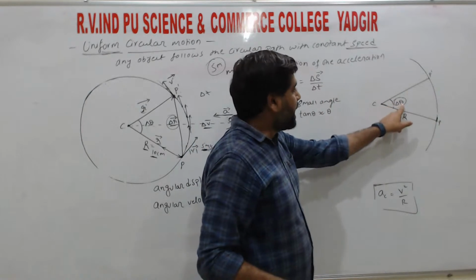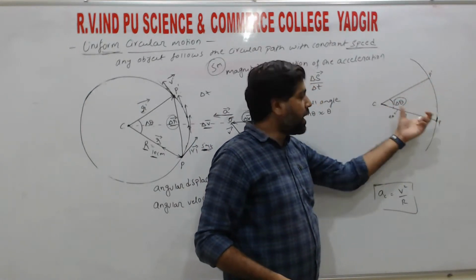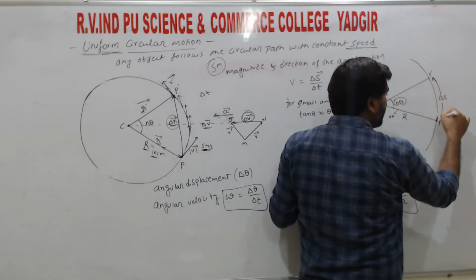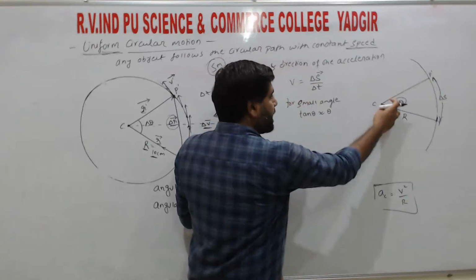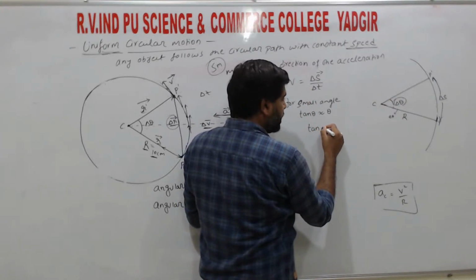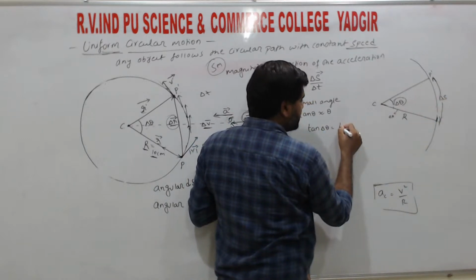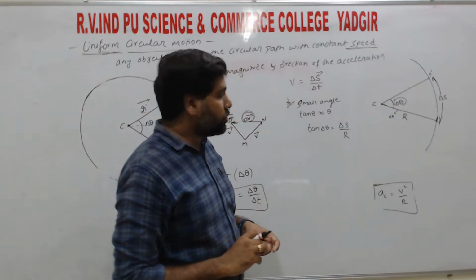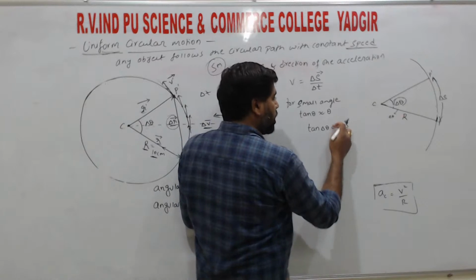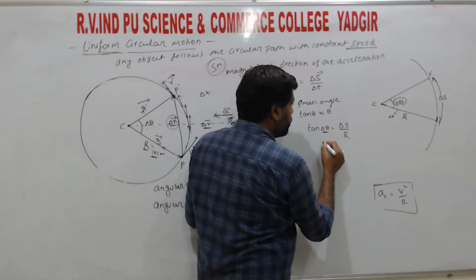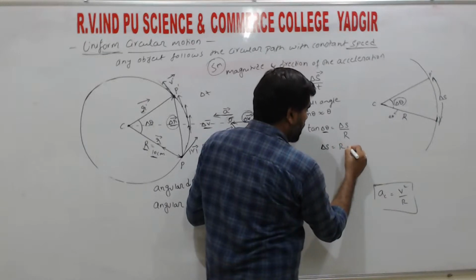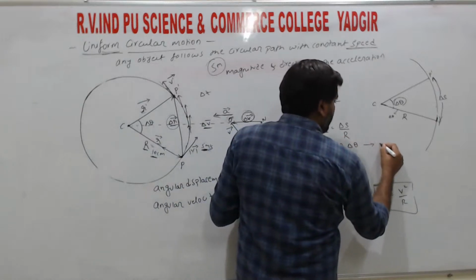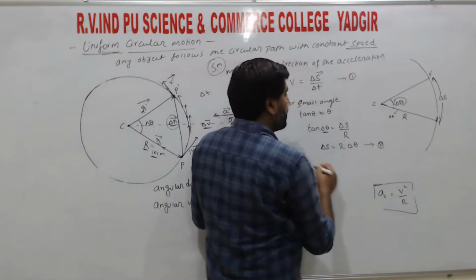From trigonometry, tan delta theta is equal to the opposite side divided by the adjacent side. The opposite side is delta s, the linear displacement, and the adjacent side is R. For a small angle, tan delta theta is almost equal to delta theta. So delta s is equal to R into delta theta. Calling this equation 2, and the earlier one equation 1.